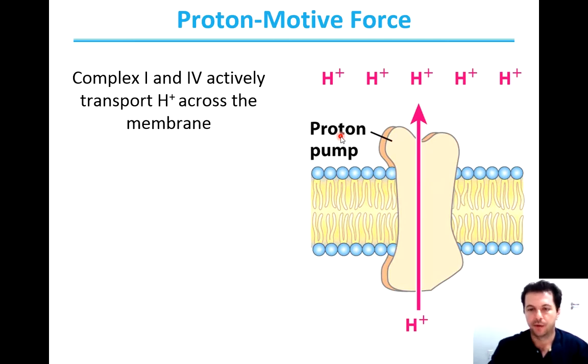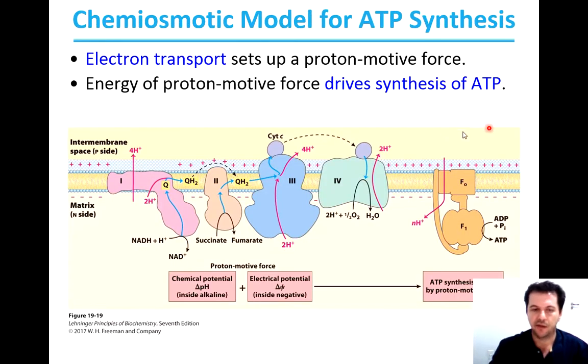Because you have this gradient created in the intermembrane space, and then you have ATP synthase, which takes the protons from there and dissipates them to the matrix again. So you have protons coming from the matrix to the intermembrane space through these complexes, except complex 2, and then ATP synthase dissipates them.